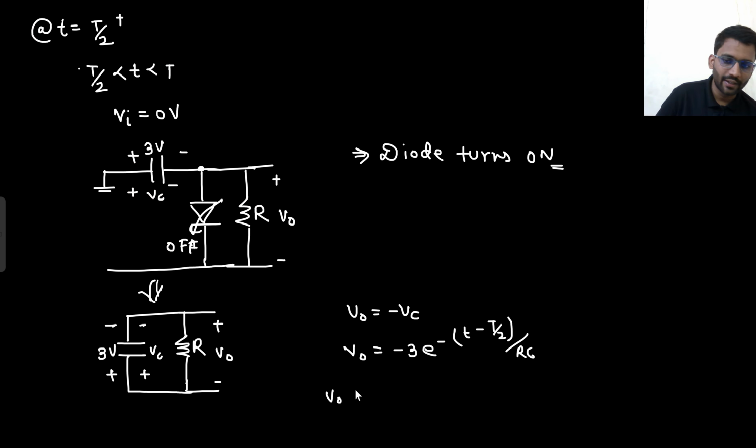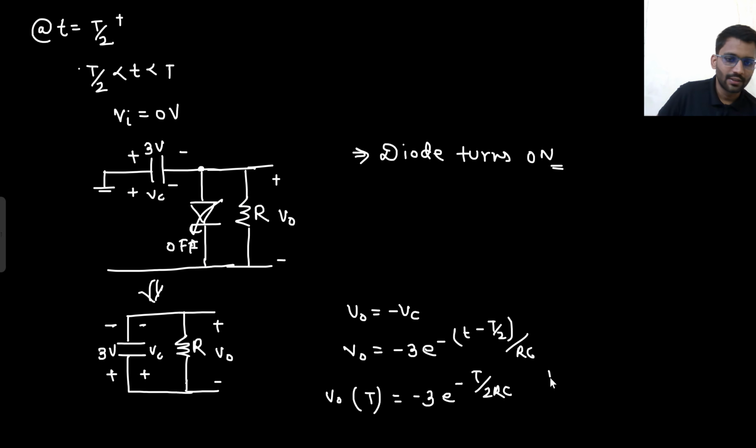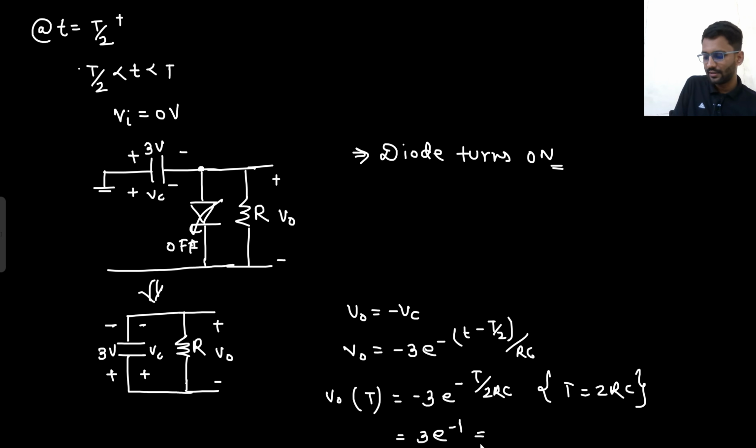So V0 value at time equals to t will be minus 3 e to the power minus t by 2 RC. And the value of t is given as 2 RC only. So the value will be 3 into e to the power minus 1. That would be some 1.1 volt as far as I remember.